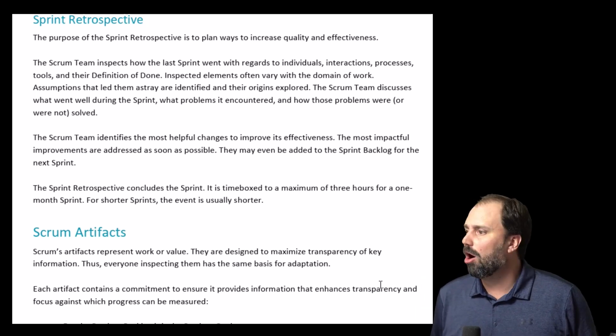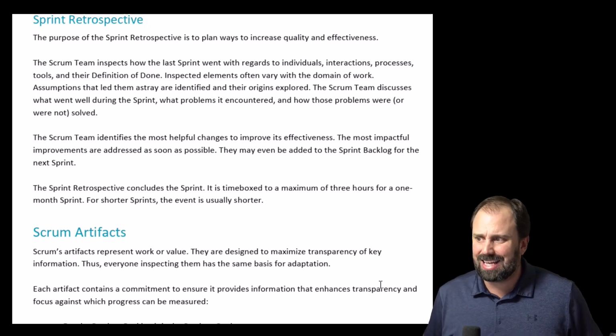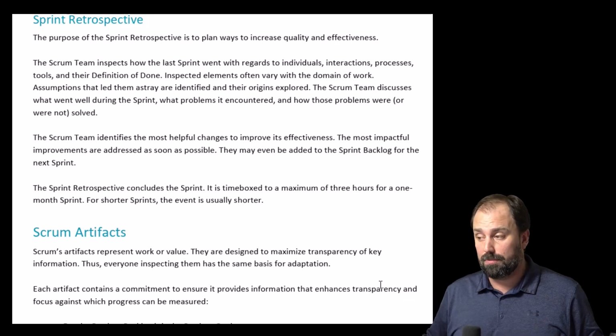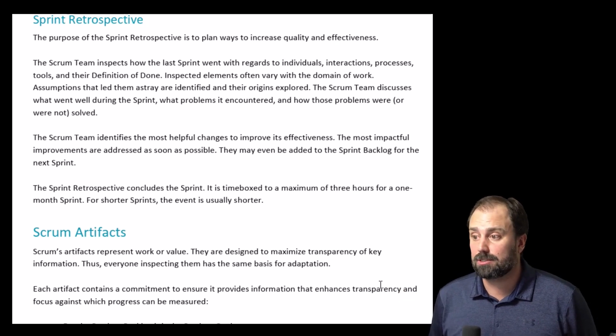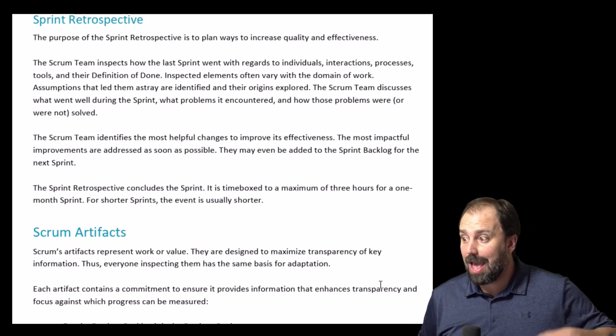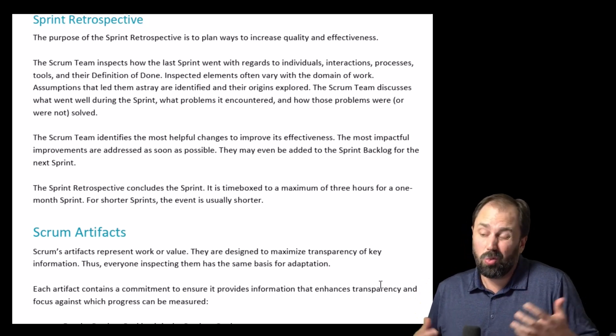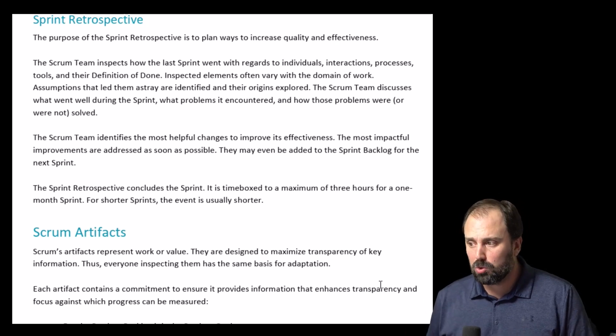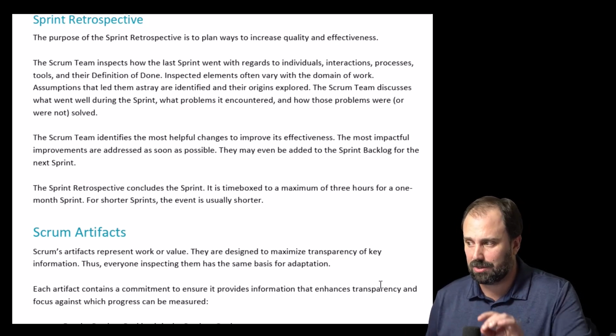Inspected elements often vary with the domain of work. Assumptions that led them astray are identified, and their origins explored. The Scrum team discusses what went well during the sprint, what problems it encountered, and how these problems were or were not solved. The Scrum team identifies the most helpful changes to improve its effectiveness.